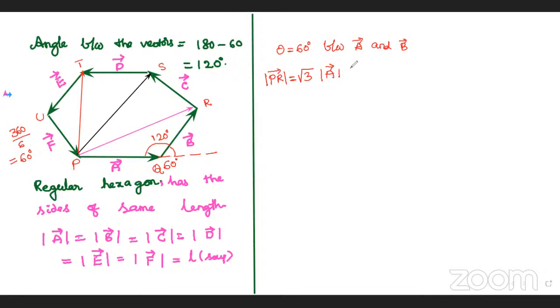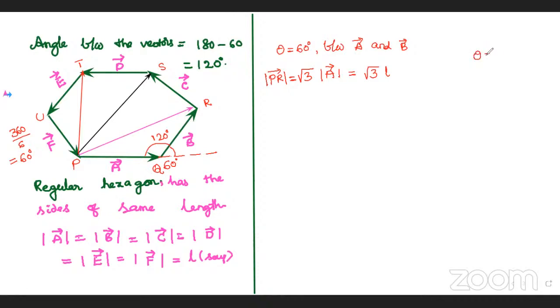Mod A bar I took as L. So the length of PR bar equals root 3 times L. Okay, this is the shortcut we discussed. Remember that shortcut, all of you?